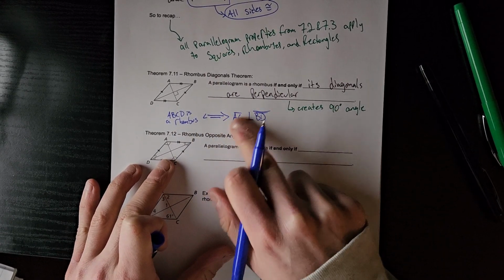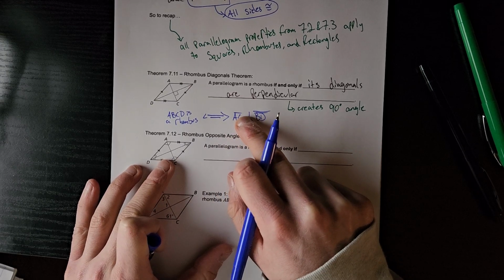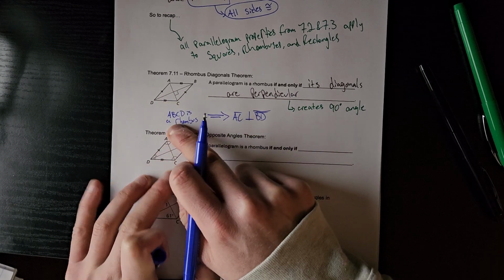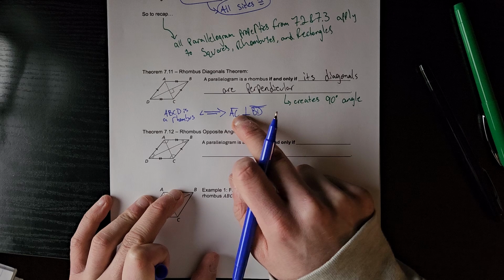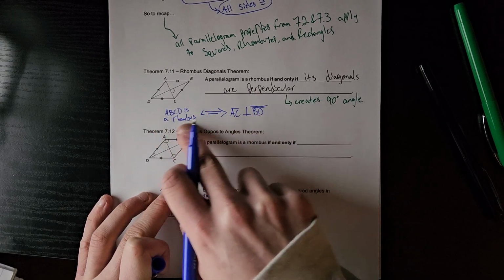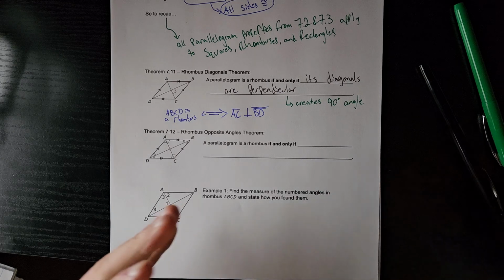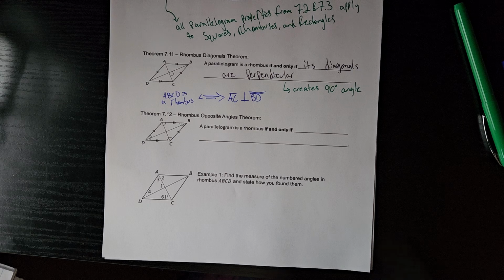So if we have these segments being perpendicular with each other, then ABCD is a rhombus. If we are given the statement that ABCD is a rhombus, then its diagonals are going to have to be perpendicular with each other. It goes both ways. It has to be intertwined with each other. That's how an if and only if statement works.